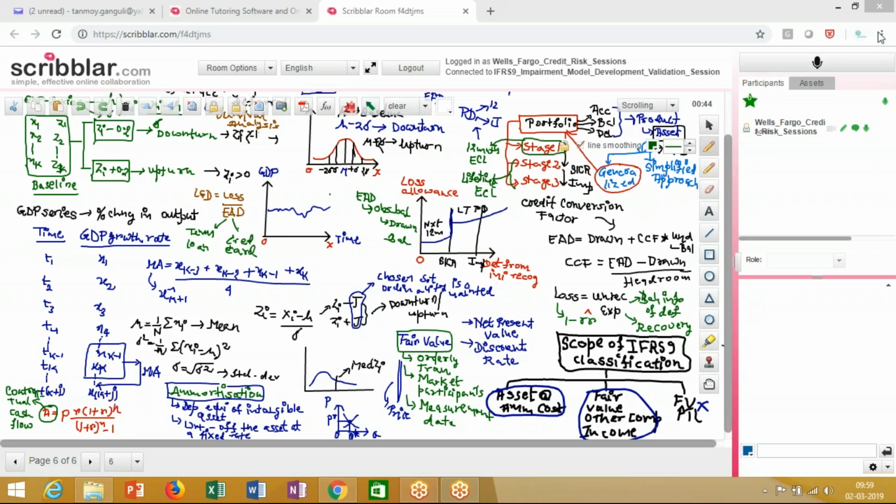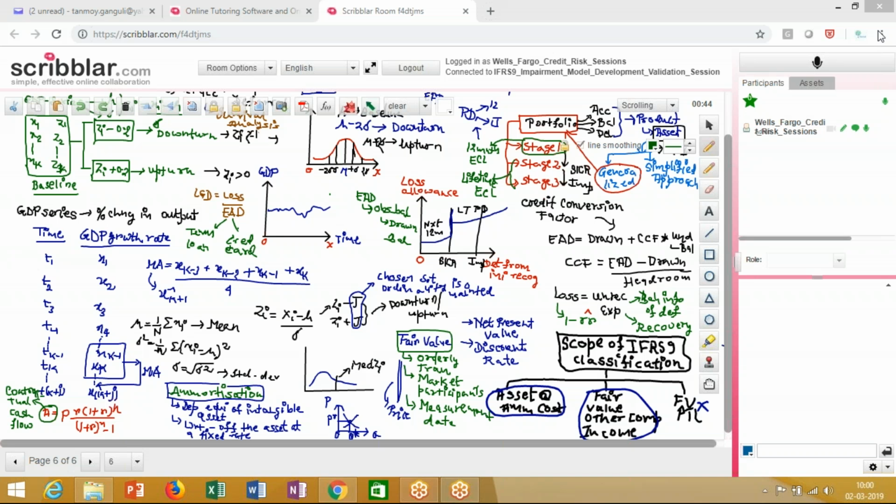Perfect. So now the question that comes out is, this is the definition of amortized cost, but a very typical question at IFRS 9 interviews is: I give you a data set, and now how do you identify that a particular asset is valued at amortized cost or not?